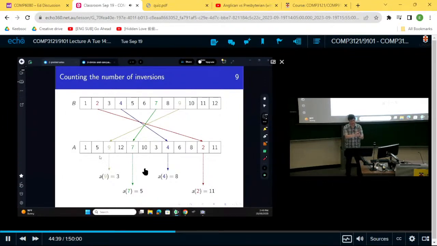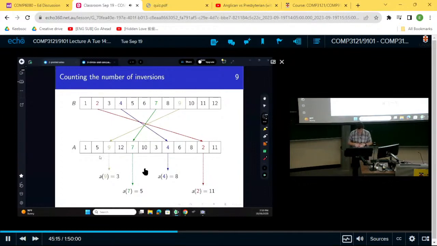Without loss of generality, we can assume that user B's items are named from 1 to 12 in the order that user B ranks them. And now we have the ranking of these movies for user A. We want to give a penalty whenever user A ranks 2 movies in a different order than user B, and we say that this is an inversion.